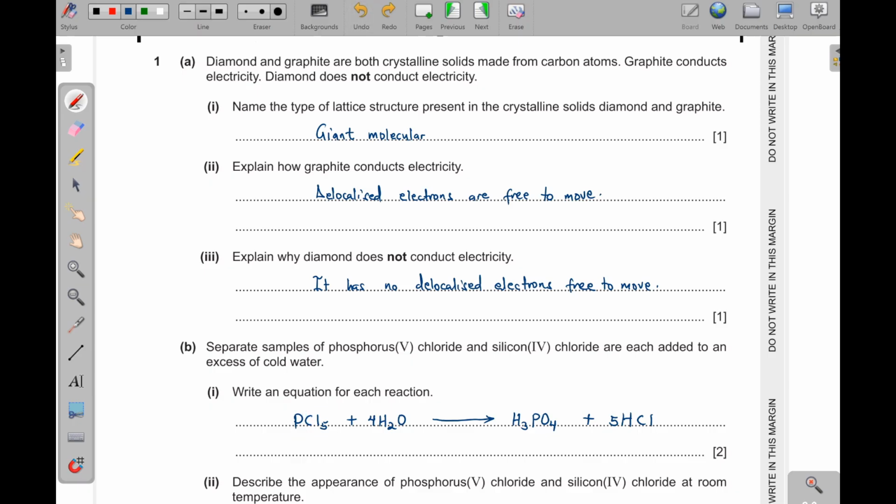And then the next one is silicon 4 chloride. Silicon 4 chloride is actually liquid. Okay, this one can be a solid, then liquid here, and then here we can have aqueous, and then also here aqueous. Now, when this one reacts with water, what do we get?